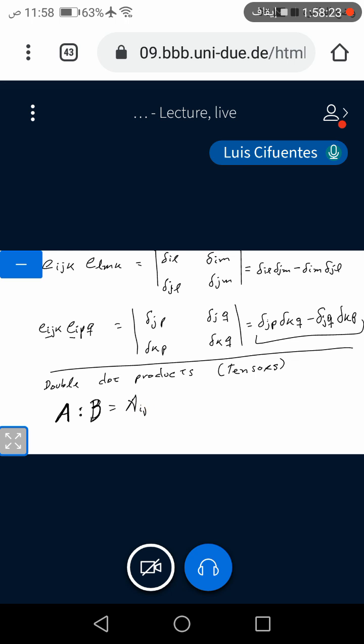Tensor A with indices IJ and B with indices IJ. In index notation, it means that this is just a summation over every index.